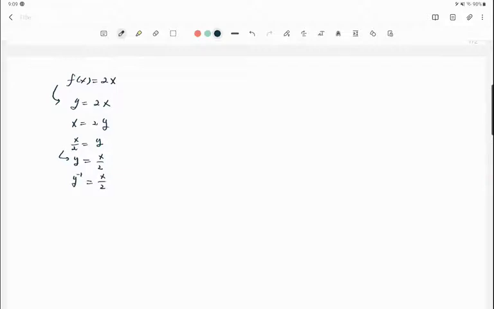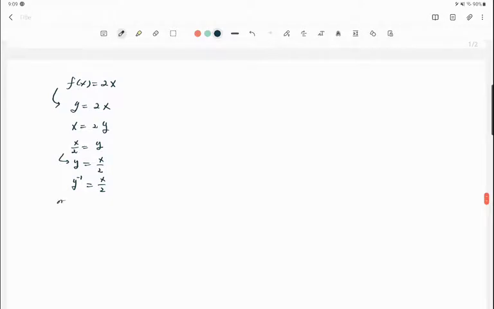This little mark, -1, means inverse. This is not a -1 power. That means inverse. Or you can write it as f of x, but put a -1 on the top corner. Same notation. So this is the inverse function. So the graph of 2x and the inverse function is x over 2.